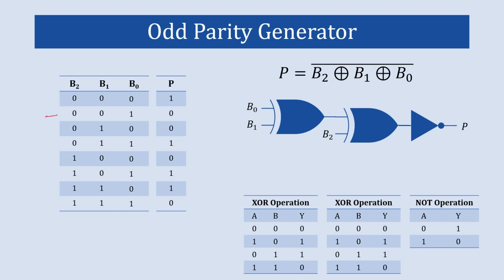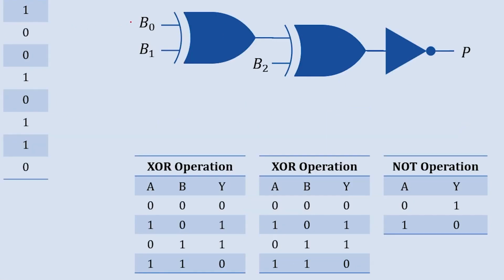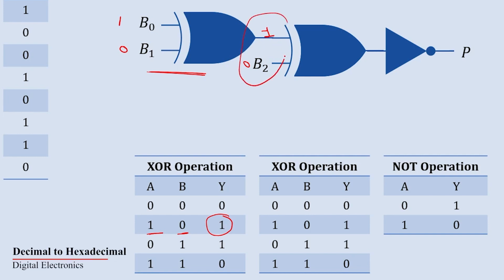Now let's see another example. So here you can see B0 is 1, B1 is 0 and B2 is 0. So for this XOR gate, when one input is 1 and the other one is 0, the output will be 1. Now we'll talk about this. When one input is 1 and the other one is 0, the output of this XOR gate will be 1.